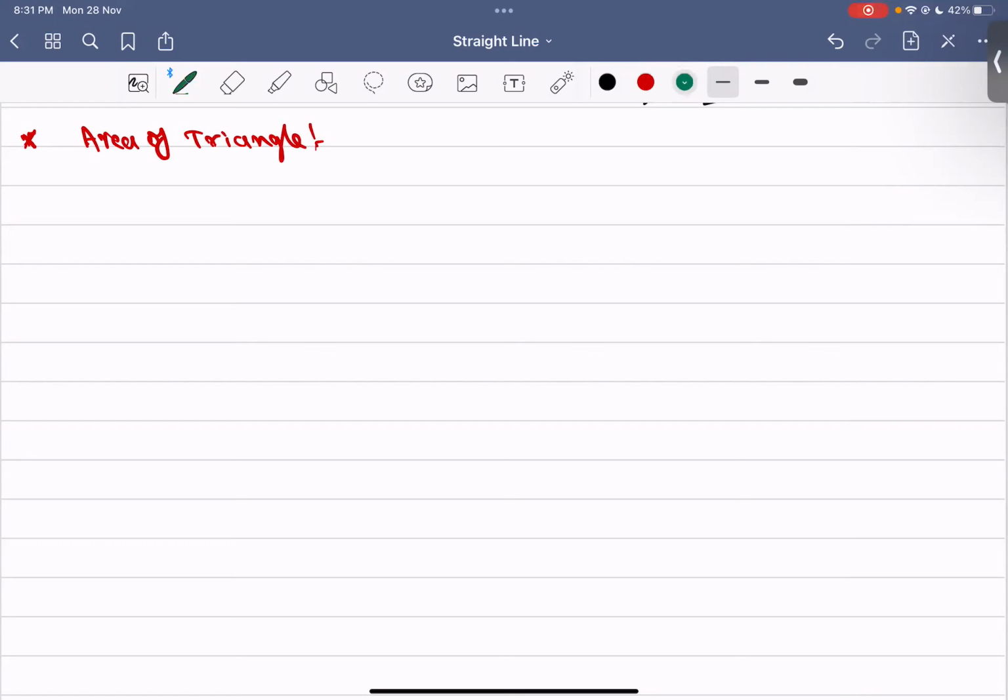So the result is, suppose A(x1, y1), B(x2, y2), C(x3, y3) are the vertices of a triangle.